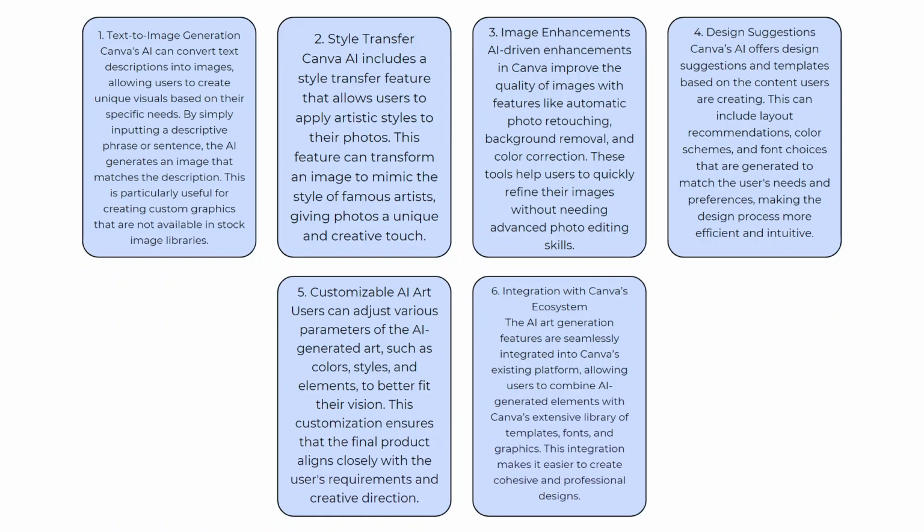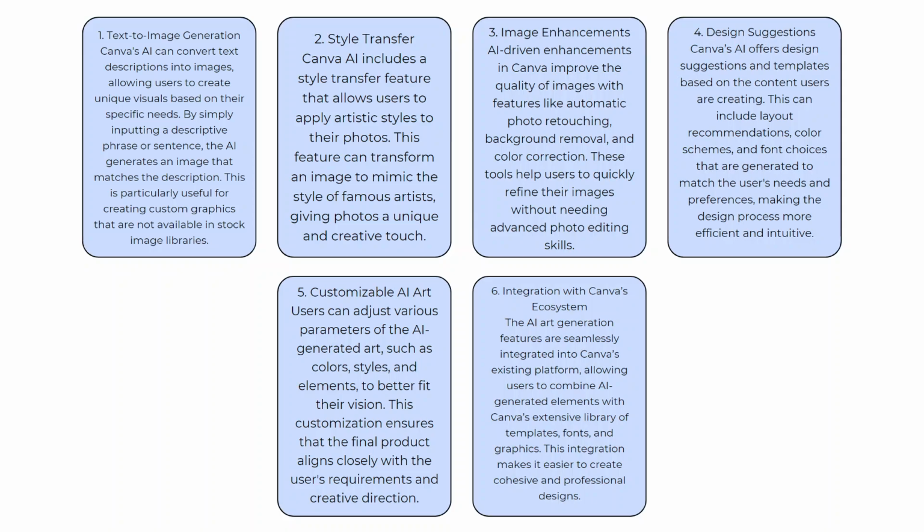Text-to-image generation. Canva's AI can convert text descriptions into images, allowing users to create unique visuals based on their specific needs by simply inputting a descriptive phrase or sentence. The AI generates an image that matches the description.